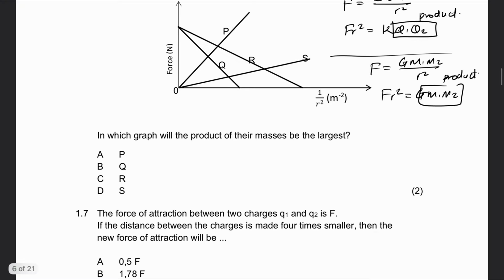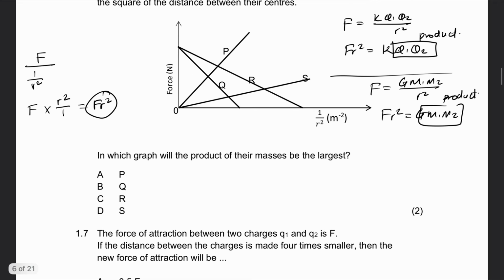This is the product. If we take the gradient of this graph, F divided by 1 over r squared, that's going to be F multiplied by r squared over 1, which is F r squared. So essentially, the steepest gradient is going to be the one that's going to have the greatest product of the masses. So the answer here is going to be P, which is A.